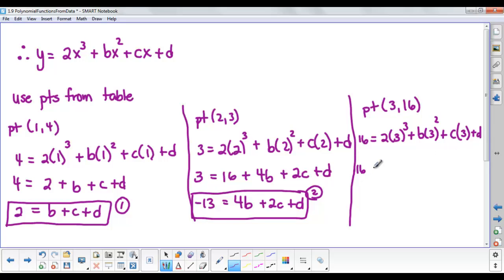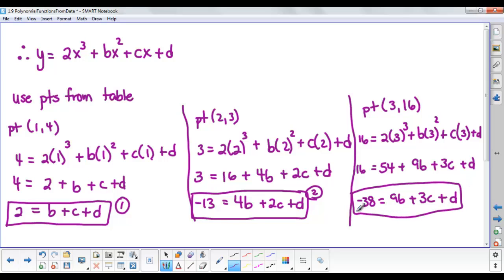And simplify. So 3 cubed is 27 times 2 plus 9b plus 3c and finally d. Now 16 take away 54 gives us negative 38, 9b plus 3c plus d. This is our equation 3.